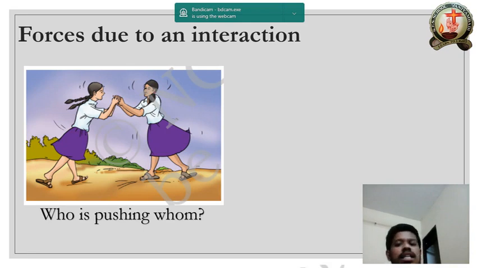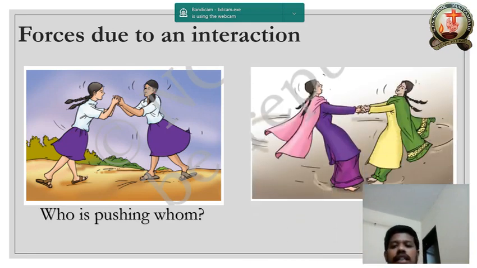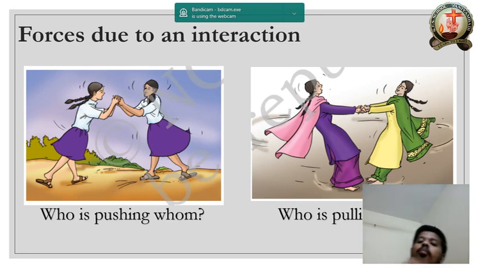Okay, but in another instance, in this game, what is happening? Who is pulling whom? Here also it is the same case. They both are pulling, right? But at equal forces. So you cannot determine which girl is pulling whom.